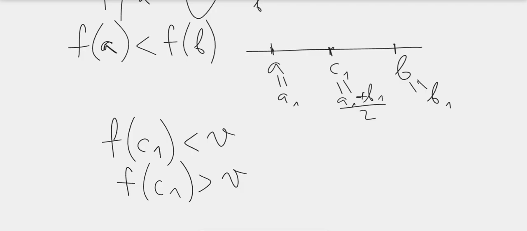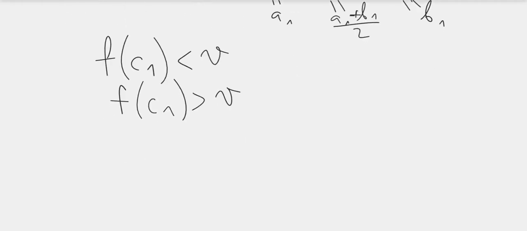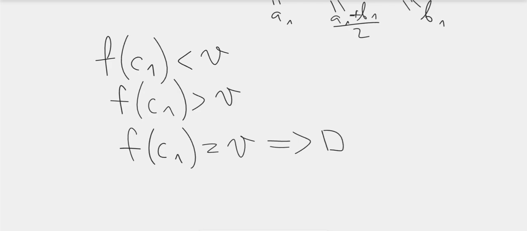Well, it also could be equal to v, but if it's equal to v, then we have nothing else to prove. So if f of c1 is equal to v, then we are done with the theorem. So we only need to consider these two cases: when it's less than v and when it's greater than v.